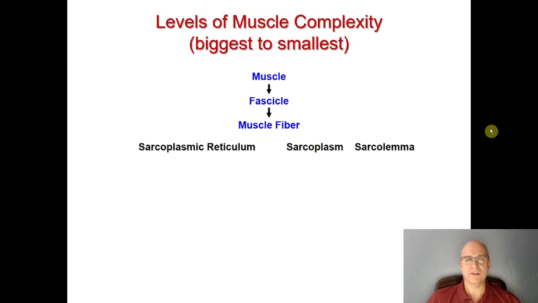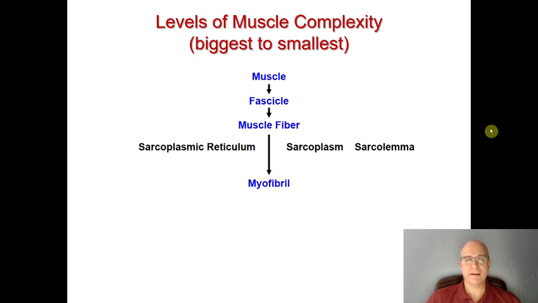Within muscle fibers, they're cells, right? So they've got lots of different structures. But the three structures that are going to be important to us in order to understand muscle physiology, what happens when a muscle contracts, are the sarcoplasmic reticulum, the sarcoplasm, and the sarcolemma. We will talk about all of the structures in this concept map in this video today.